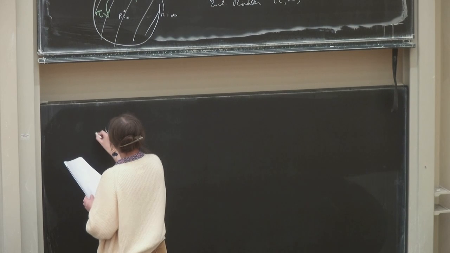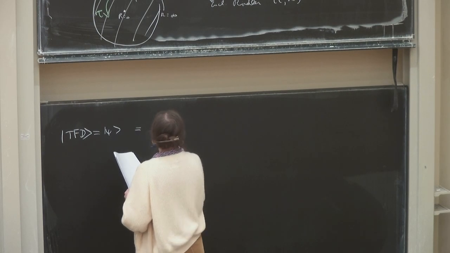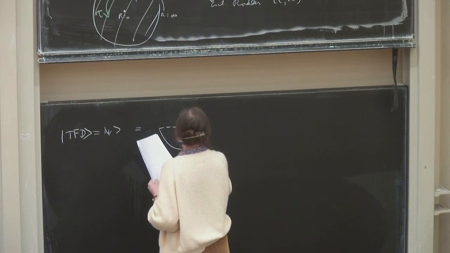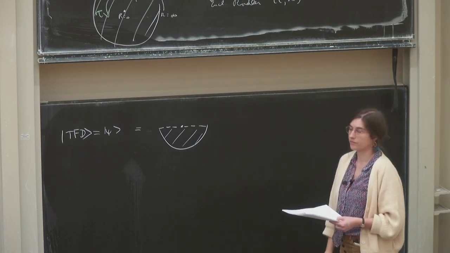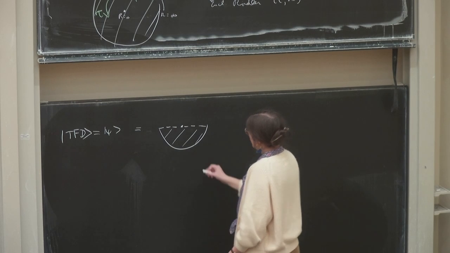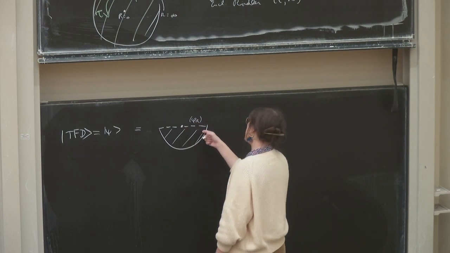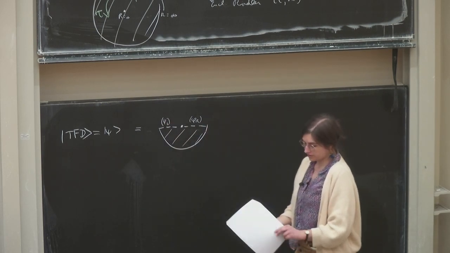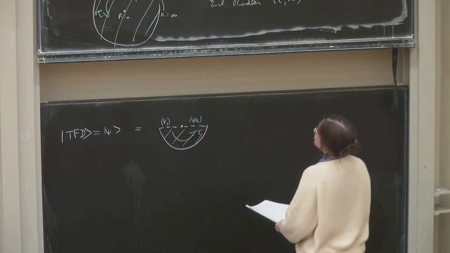So what we call the thermal field double state is that manifold cut into 2 and path integrating over the lower half, okay? So that produces a state that lives on this open dashed line that can take on a field configuration boundary condition here on this region and another one on this region, which I can call phi left and phi right again, with tau going in the direction from left to right according to our conventions. Okay.